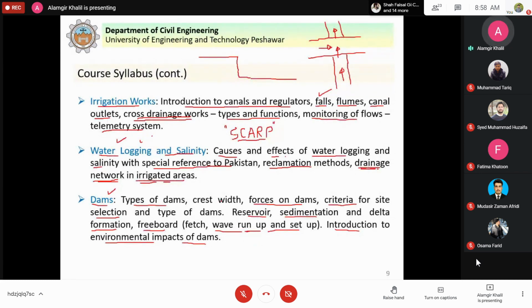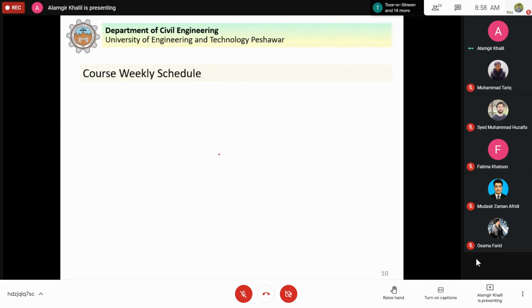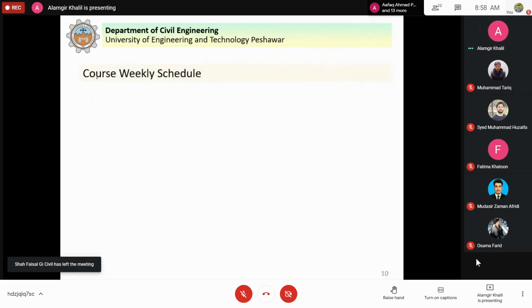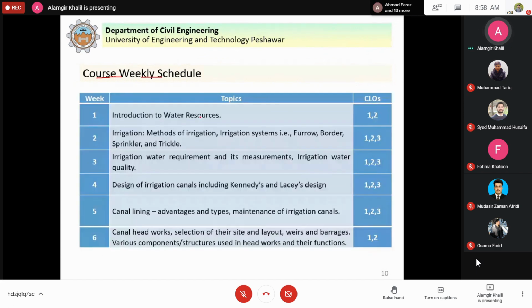So this is the course outline, the course syllabus, with the contents that are defined. These topics are arranged in the weekly schedule. So this is how in each week we will cover these topics.